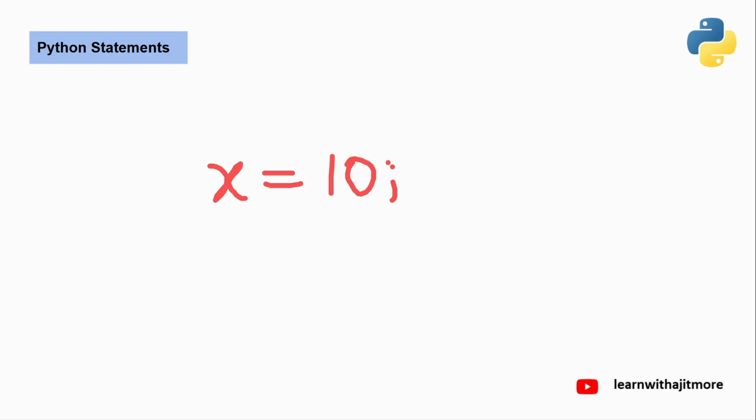When the line is complete, the Python interpreter automatically considers it the end of a statement. So there is no concept of a semicolon to indicate the end of a statement. Line end, statement end.